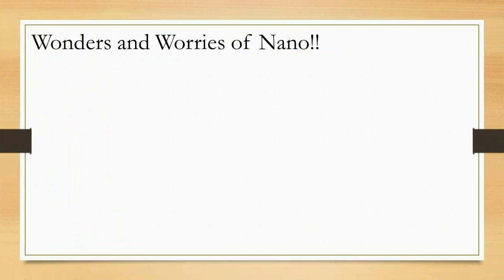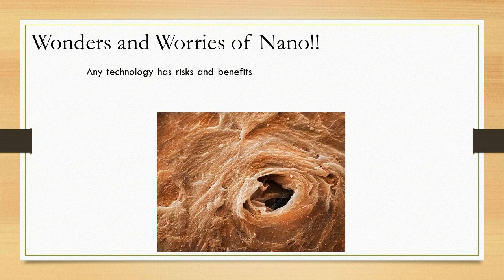Though there are many wonders that nanomaterials have made in science, there are a few things to worry about also. The main thing is its dimension, that is the nanoscale. When it comes to technology, it has risks as well as benefits, as everybody knows. Now you see an image.